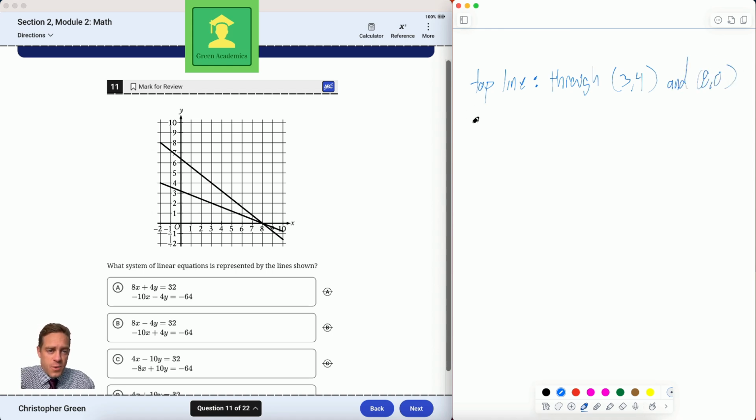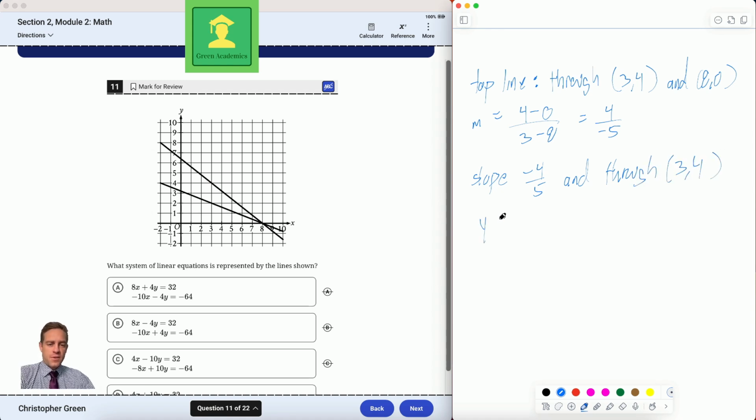And let's find its equation the old-fashioned way, right? So m, which is the slope, which is the rise over run, gives you 4 over negative 5. So then you have the slope, negative 4/5, and it goes through (3, 4).